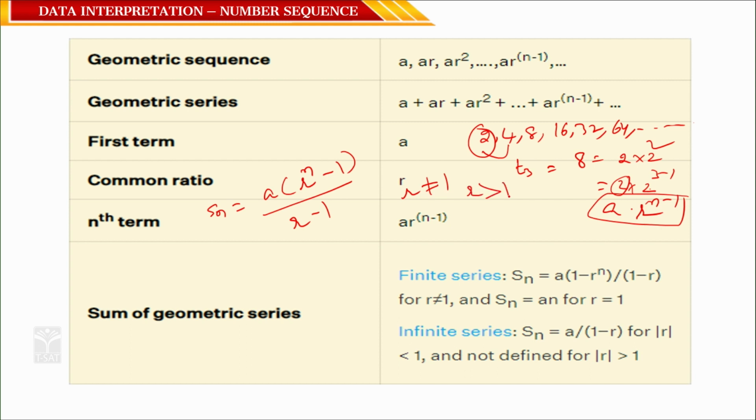The sum of n terms of a geometric progression is a of r to the power of n minus 1 by r minus 1. The condition is r greater than 1 and r not equal to 1 when it is a finite series.